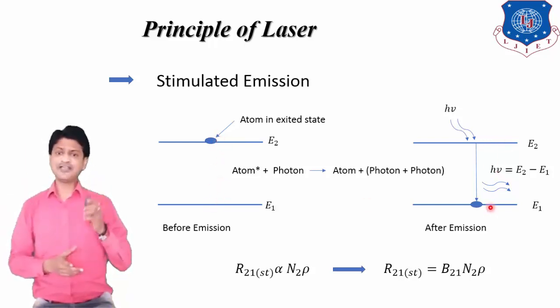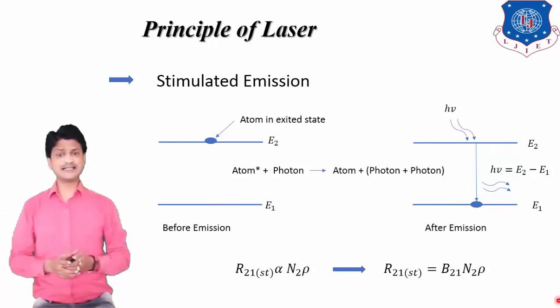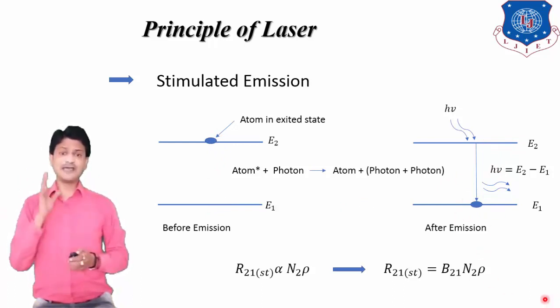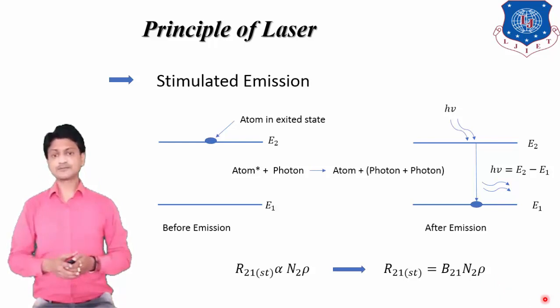So here, the energy difference between that energy level gives out a wave in form of photon. We call this stimulated emission since the process is caused by external excitation.